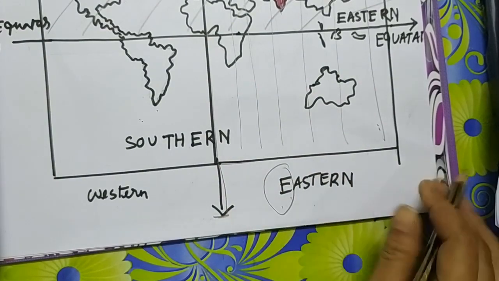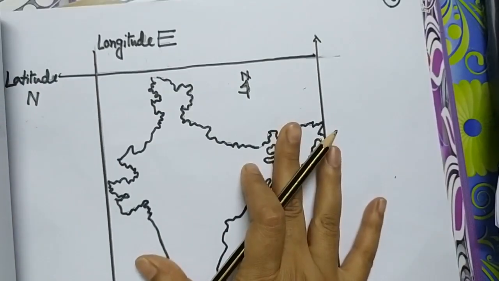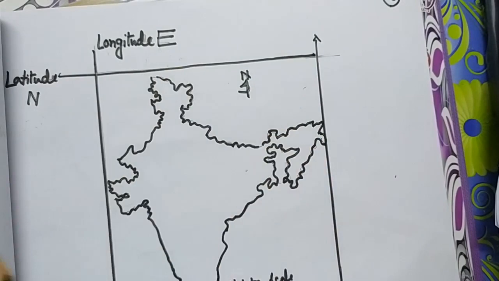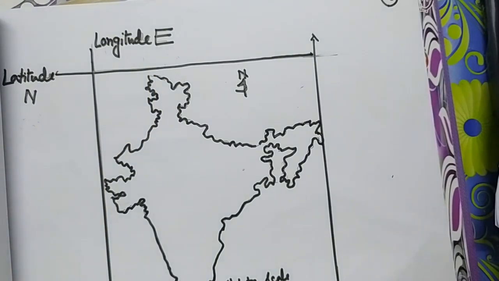Got it? So N and E. Remember, India's position is N and E. Every place of India is located or marked like this, by N and E. So I think your concept about latitudes, longitudes, axis, equator and meridians is clear.